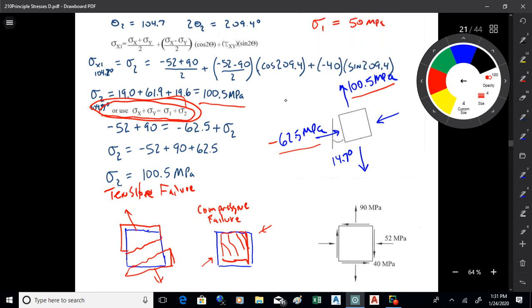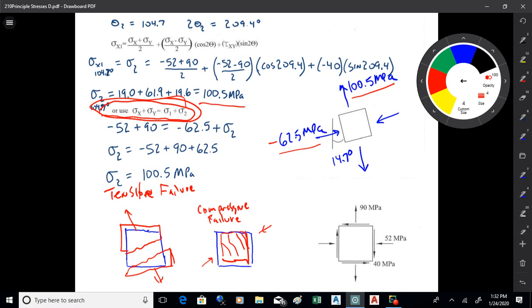The thing is, also what I call sigma 1, you might call sigma 2. It doesn't really matter. All I care about is what the principal stresses are and what angles they act at. You can call them sigma 1 or sigma 2 or really whatever you want, but what matters is what those stresses are and where they act. Okay? Because that can come up when you're looking at an answer key.